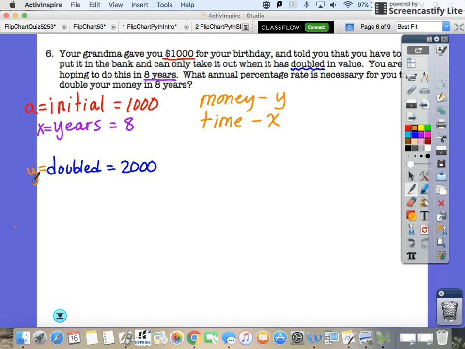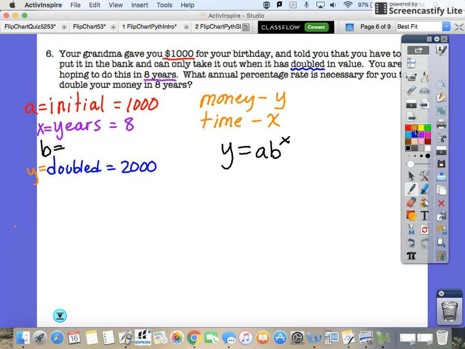So what we're looking for is the annual percentage rate. And if you think back to our first section in chapter 5, that is our b value. We're looking for b. We need to know what our percentage of change is. So if we set up what we know, normally our function is y equals ab to the power of x. Y we know is money, x is time, a is initial value, and b is our percentage change.